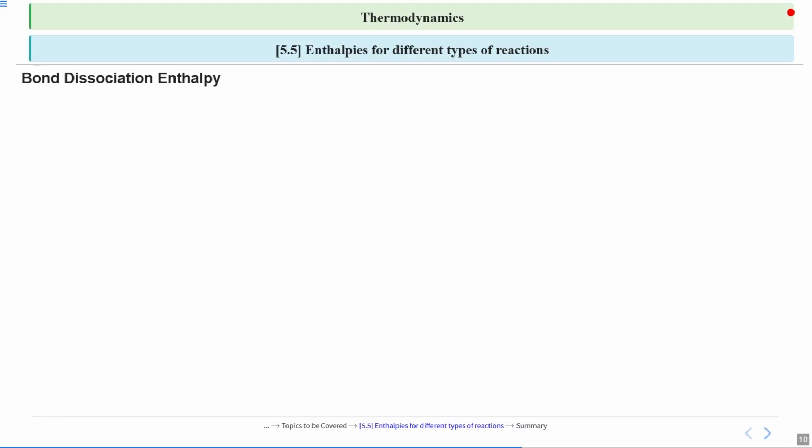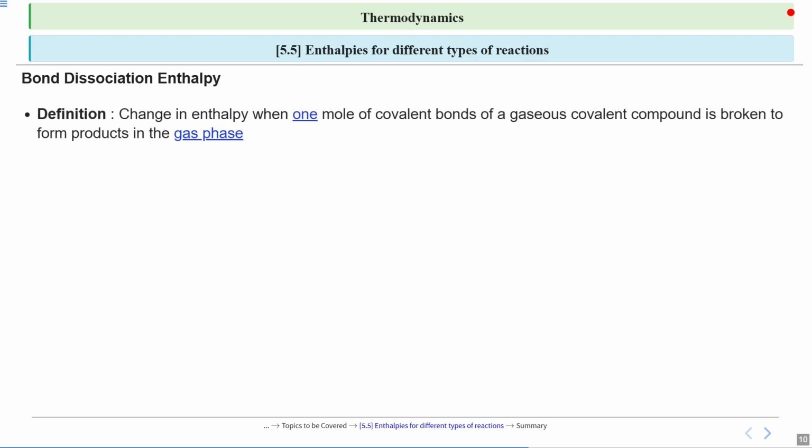First, let us discuss the bond dissociation enthalpy. It is the enthalpy change when you are breaking 1 mole of covalent bond of a gaseous covalent compound into its products, and the products are in the gaseous phase. How? Let us try to understand this. Suppose we are taking the case of H2 again.